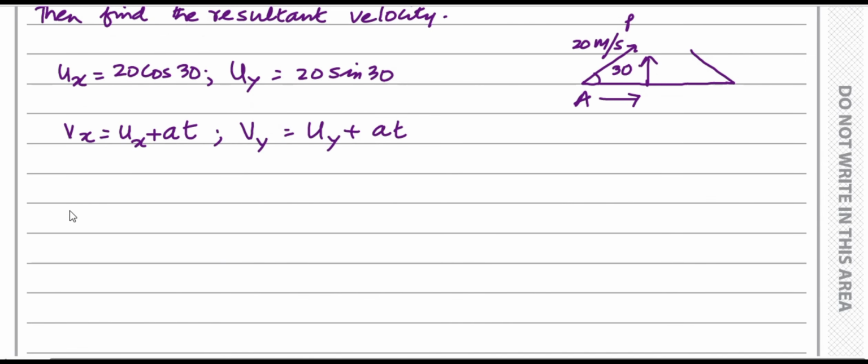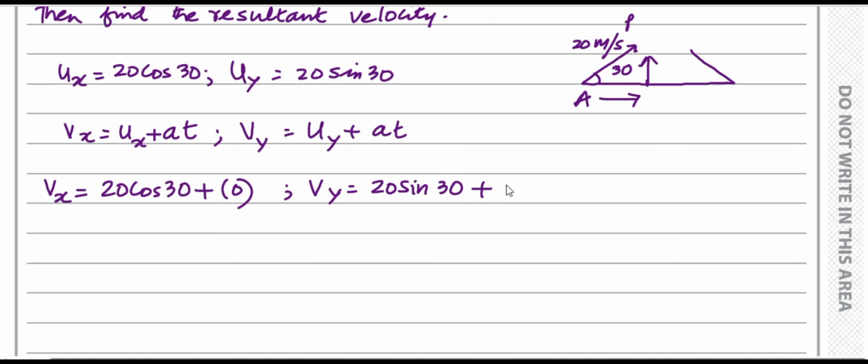Now substituting these values, Vx after time 2 seconds will be equal to ux, which is 20 cos 30, plus we know that the horizontal acceleration after the projection is 0, therefore this is 0, and Vy is equal to uy, which is 20 sin 30, plus there is acceleration here. Since it is projected upwards, the acceleration due to gravity must be minus 9.8, and the time is 2 seconds.